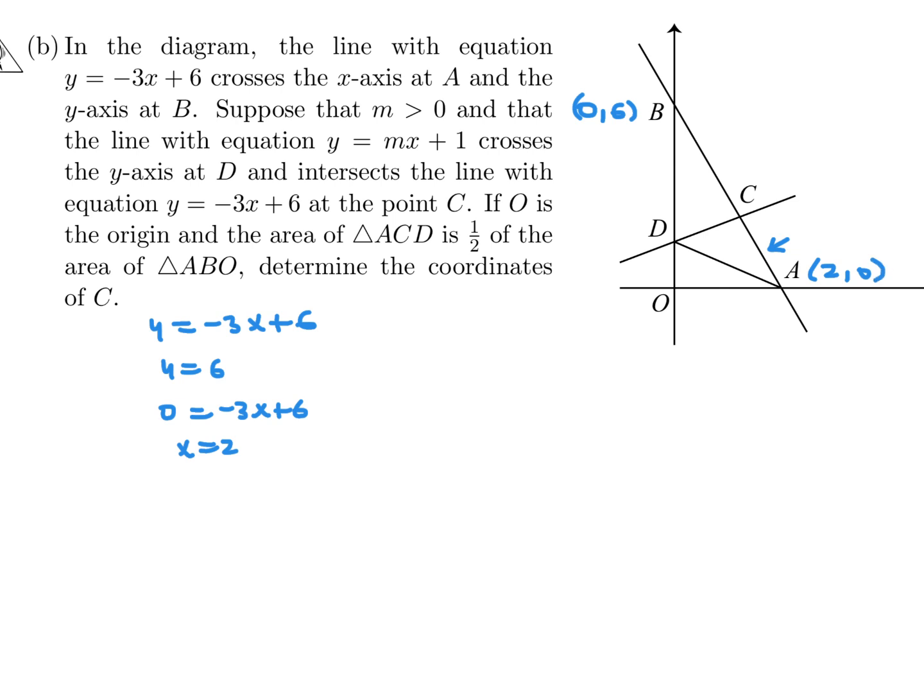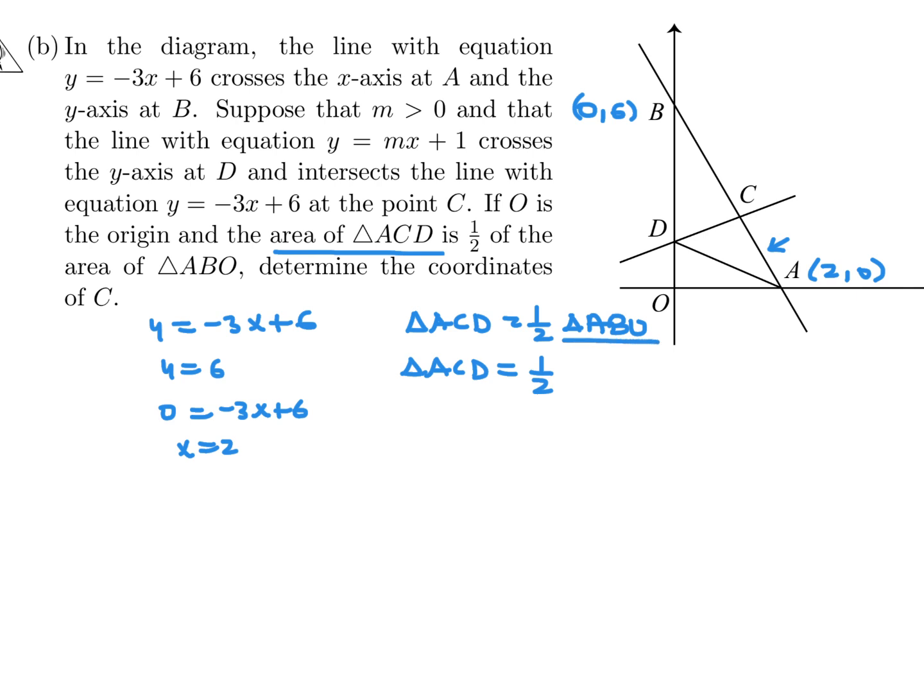Okay, what's next? Well, let's use this sentence here: the triangle ACD is half the area of triangle ABO. Okay, so ACD, I have no idea what it is, but ABO is fairly straightforward.